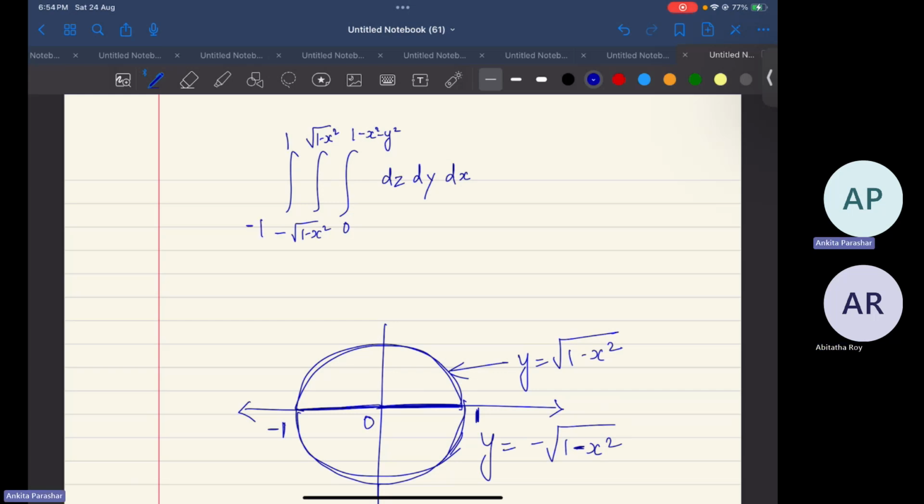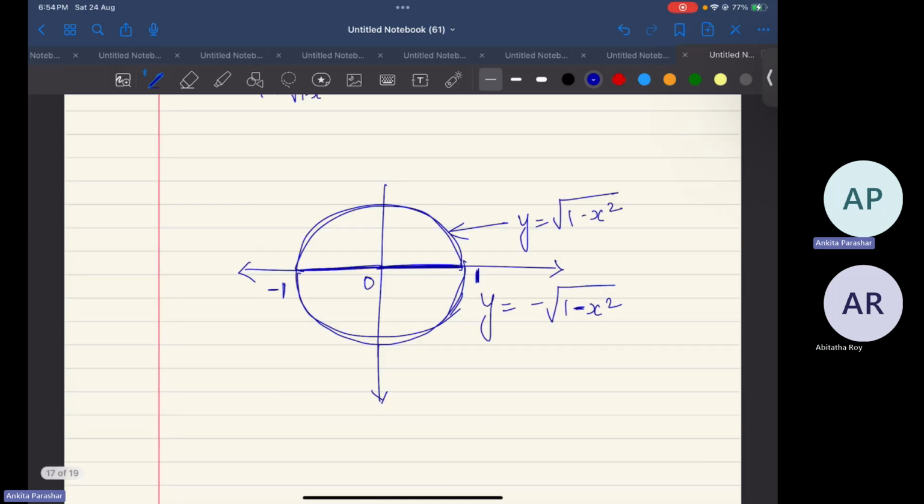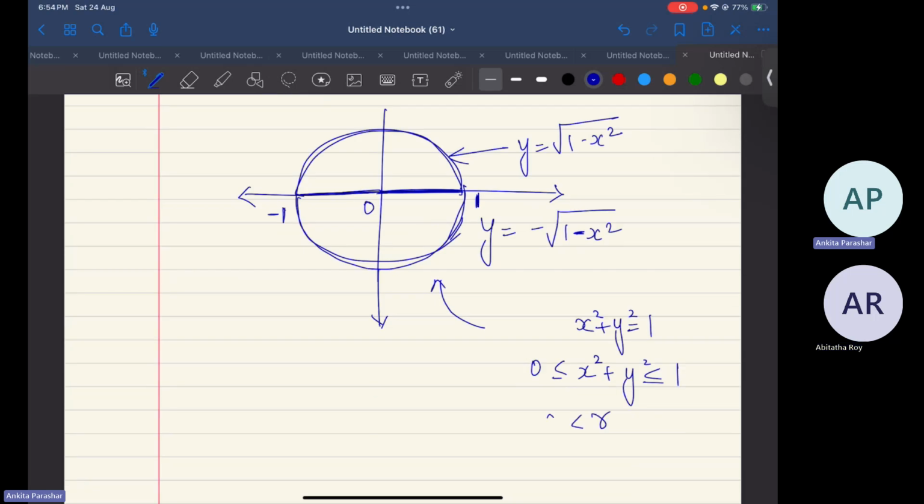Yeah, very good. So what I want to say here is that you can change the axis and it will be simple. Why? Because the unit circle is x square plus y square equal to 1. So you have the region between this, and r lies between 0 to 1.